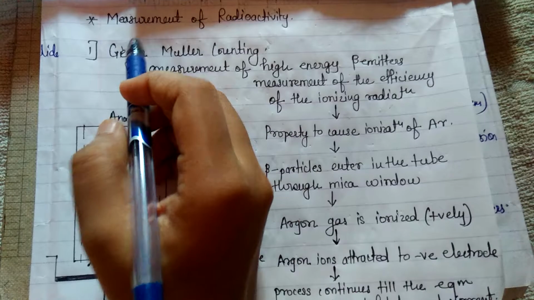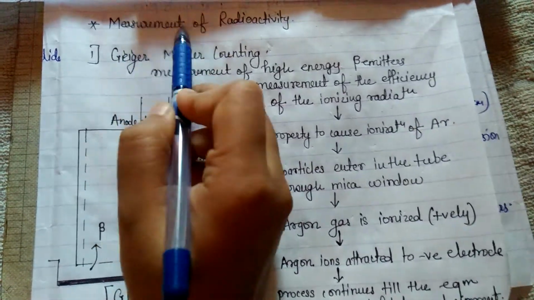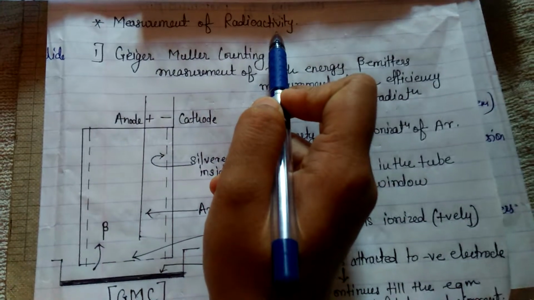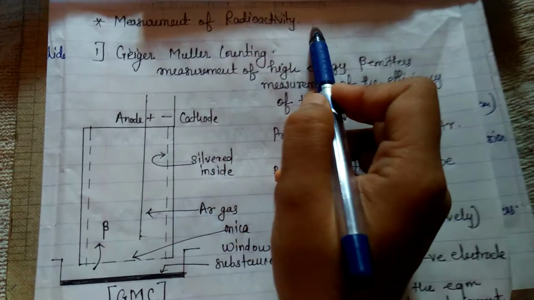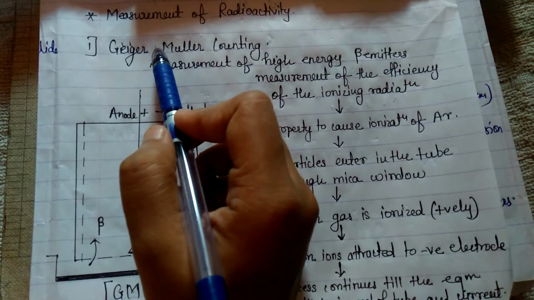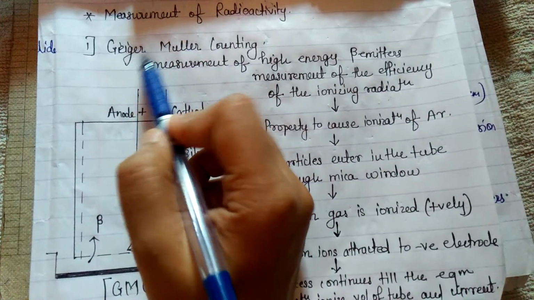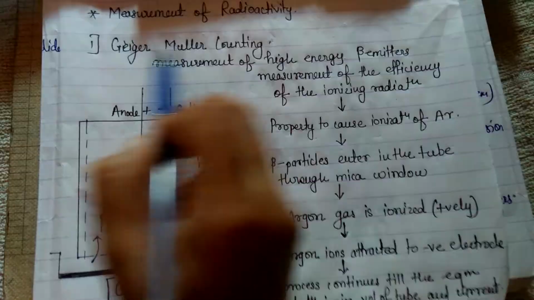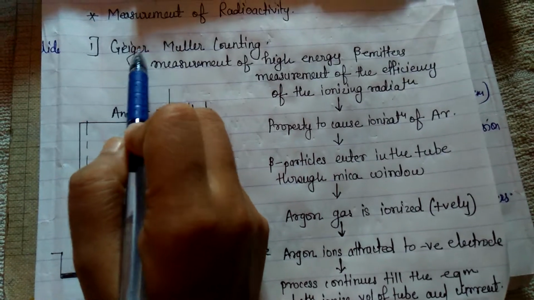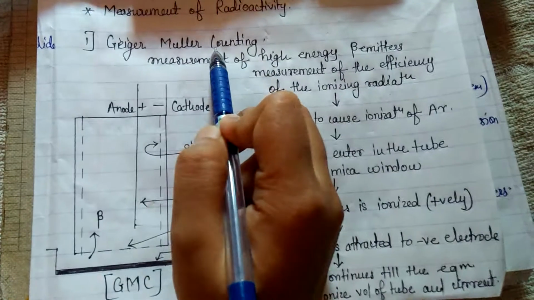Next point is measurement of radioactivity. How can we measure the radioactivity of a particular radionuclide? There are two types of counters: the Geiger-Müller counter and the scintillation counter. First we will discuss the Geiger-Müller counter.